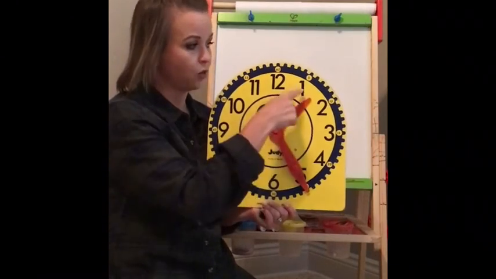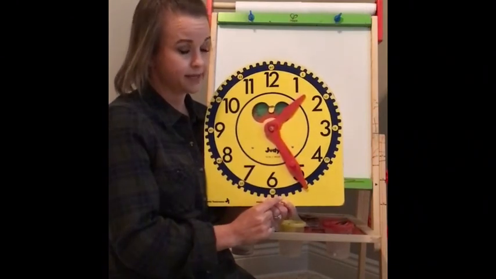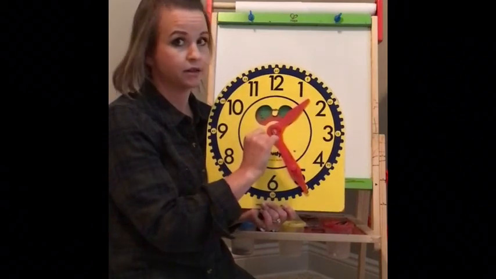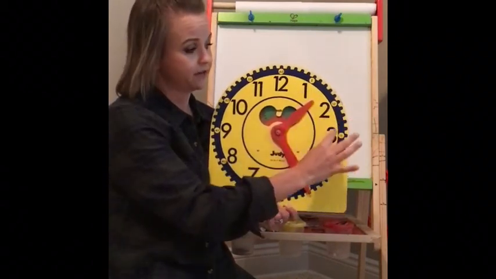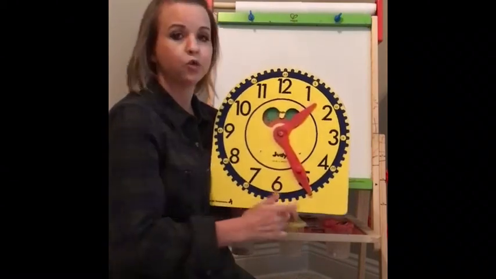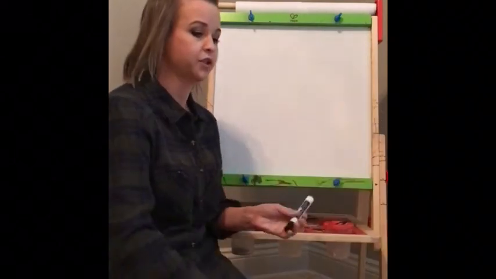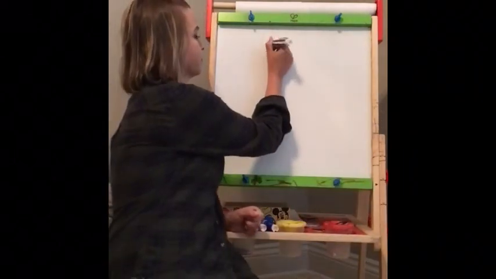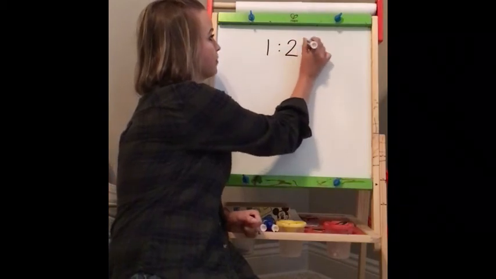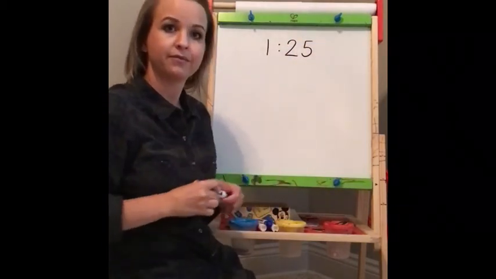No, it is still 1 something. So let's count. What do we count by with our minutes? By 5s. 5, 10, 15, 20, 25. So it is 1:25. So it should be written out this way. 1:25. Check your work.